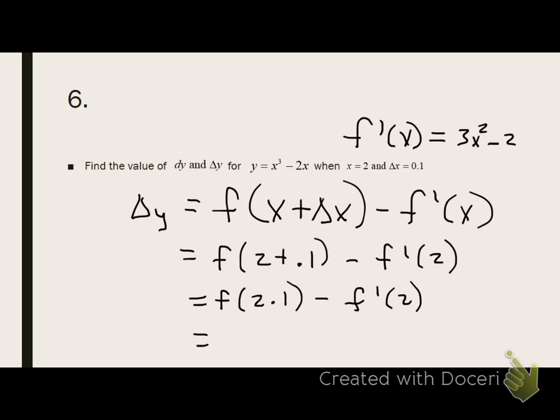What is it? 5.061. Do I have an agreement on that? Minus, you're going to plug in 2 into the derivative, which is what? Which is 10. We messed up somewhere.